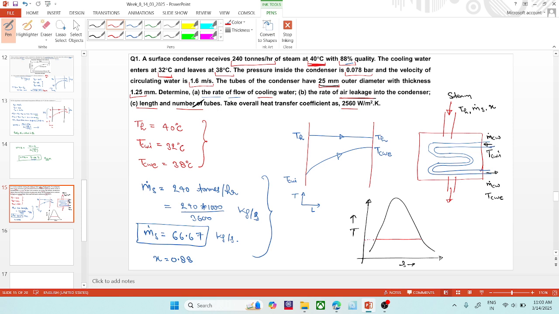Here the temperature is given as 40 degrees centigrade. From here the steam is entering, at this point. This is my cycle.